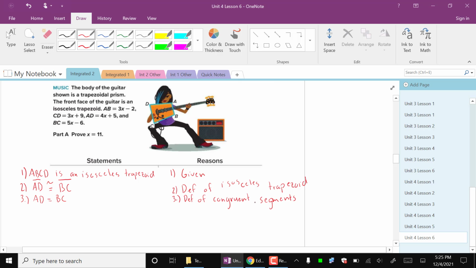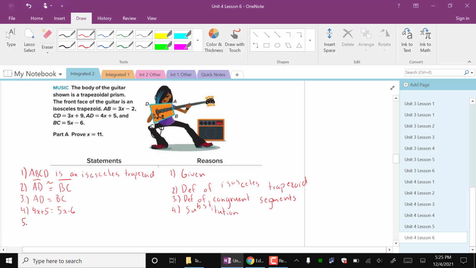Well, we know what AD is, and we know what BC is. We said that AD is 4x plus 5, and BC is 5x minus 6. That's just substitution. We just substituted in the values that we were given at the beginning.